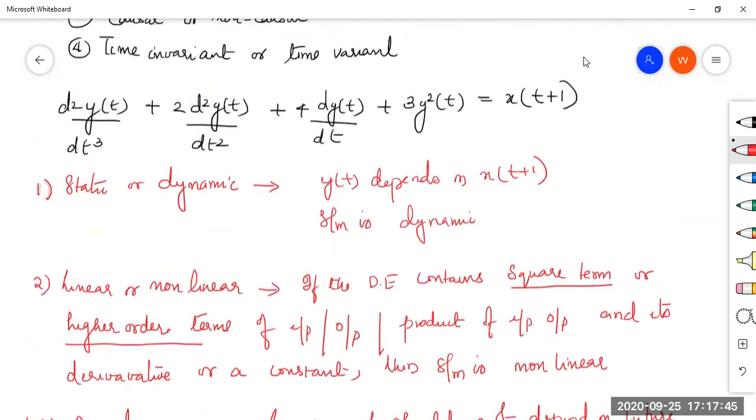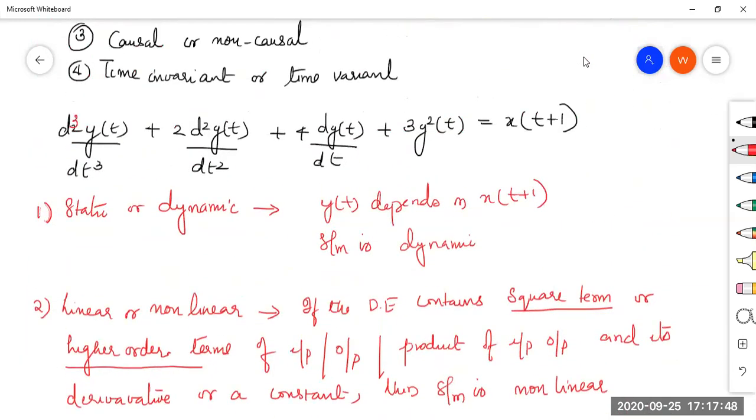Here I have written d square, that is wrong, it is d cube.